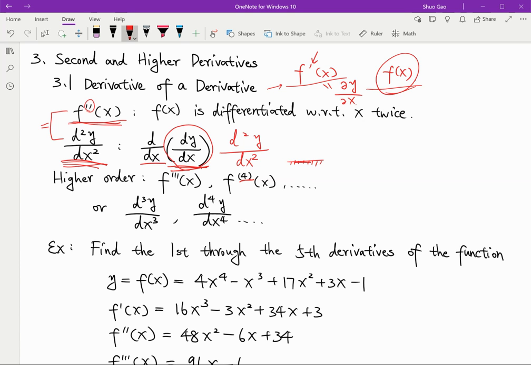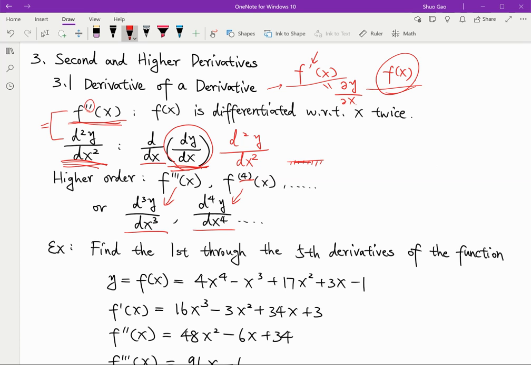So we just use a number to denote the order of derivatives. So f superscript (4) x means we take the derivative of the function f 4 times, right? And so on. And we can use d cubed y over dx cubed to denote the third order derivatives. And then f superscript (4) x is the same as d to the 4 y over dx to the 4, right?